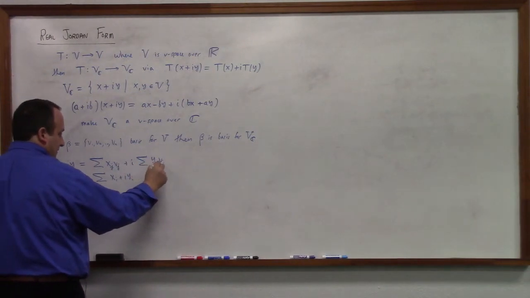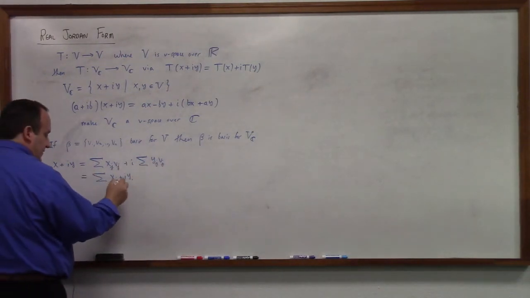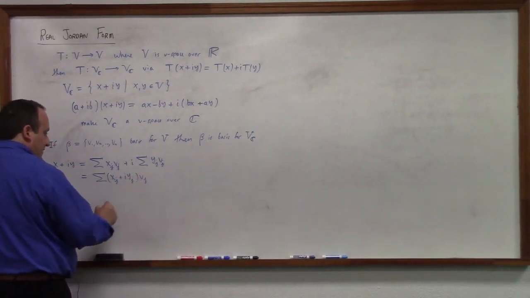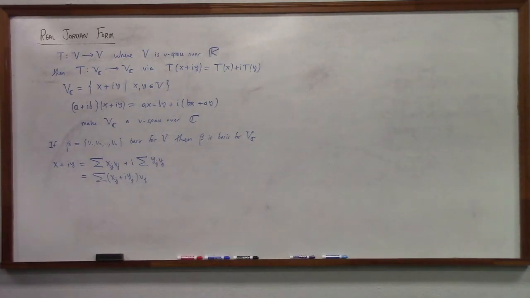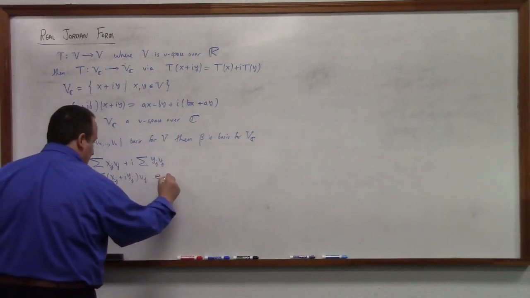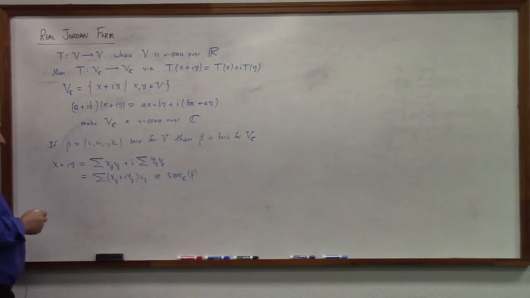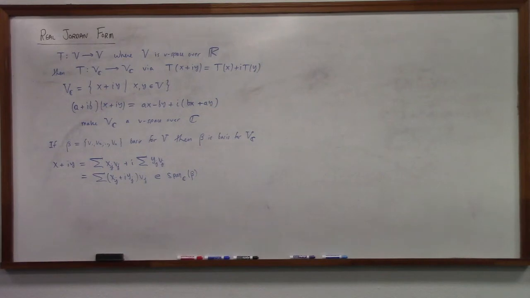And i is the square root of minus 1 here, right? But that is an element of the complex span of beta. So beta is a spanning set for the complexification. And then we can prove linear independence over the complex numbers through similar arguments, right? Okay, so if we have a basis for V, that's also a basis for V sub C.